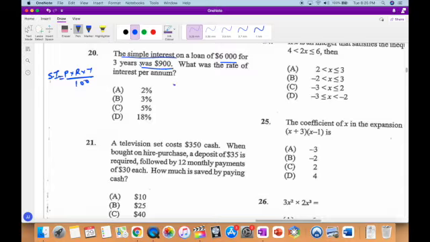So $900 was the simple interest. This is the principal and this is the time. What was the rate? So principal by rate by time all over 100.